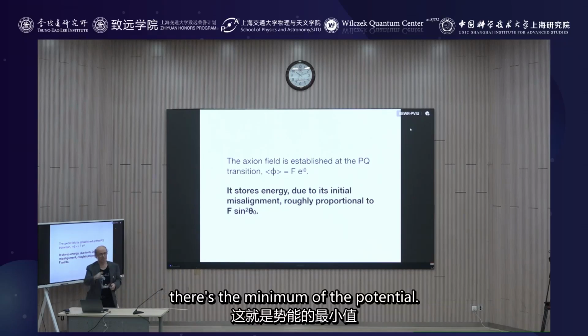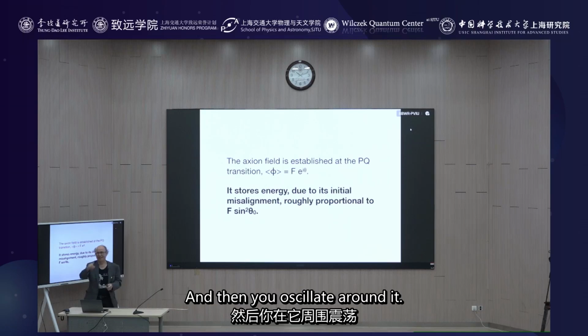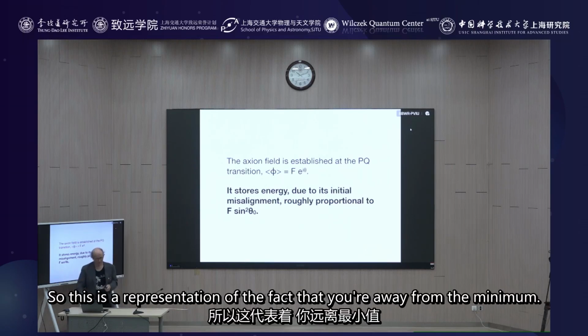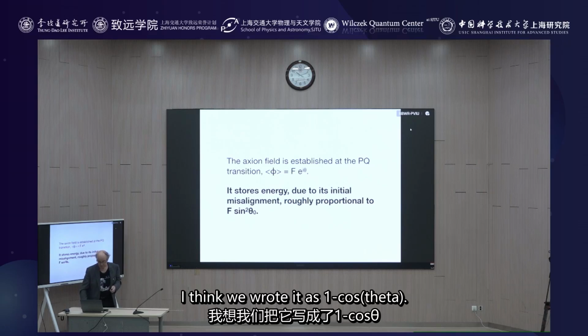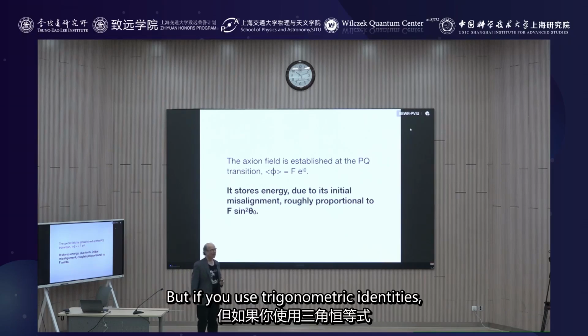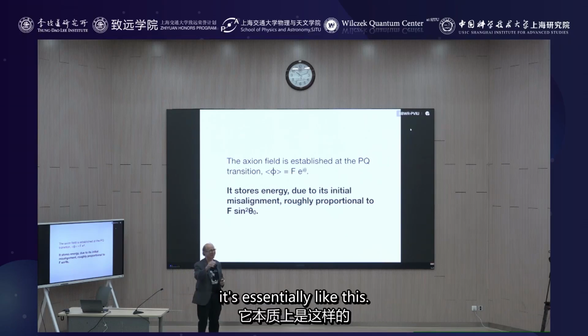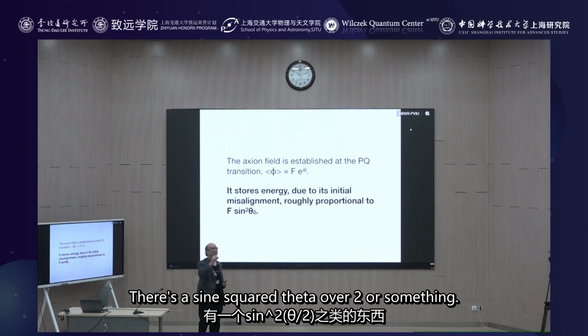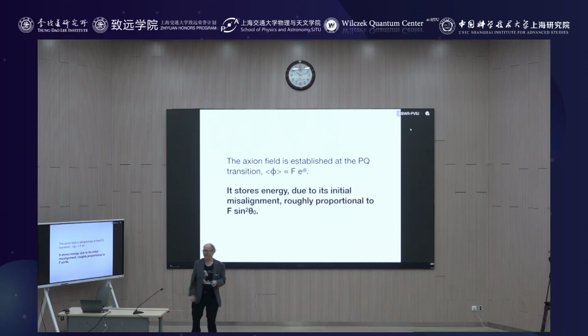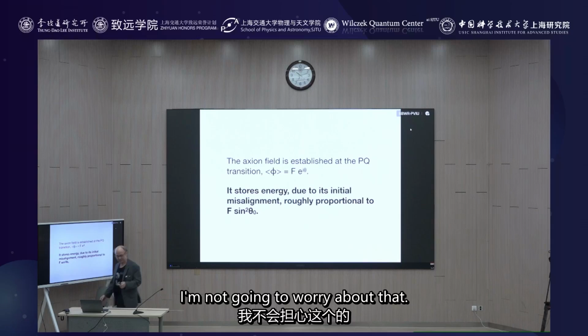There's the minimum of the potential, and then you oscillate around it. So this is a representation of the fact that you're away from the minimum. I think we wrote it as 1 minus cosine theta, but if you use trigonometric identities, it's essentially like this. There's a sine squared theta over 2 or something. We're not going to worry about that.